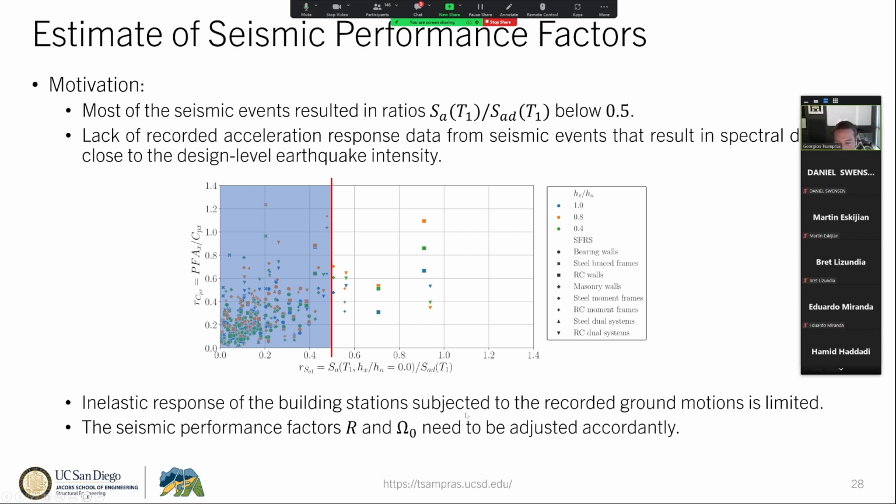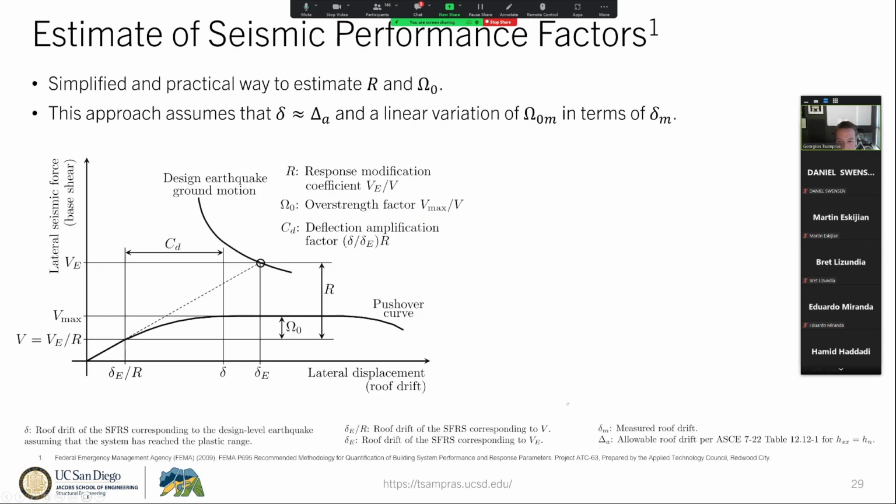And what we are doing is computing seismic performance factors like the seismic response modification factor and overstrength factor, considering an estimate of the intensity that we have actually recorded for a given building. So if we go back to FEMA P695, it gives a nice definition about the response modification factor and overstrength factor. And you can see all these are obviously computed for a design earthquake ground motion.